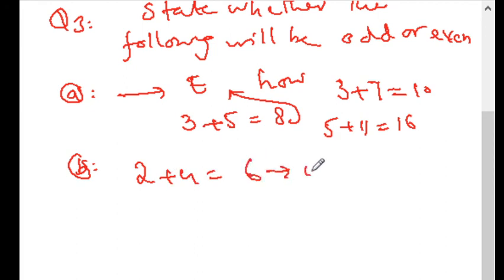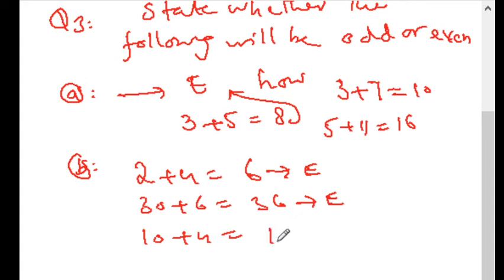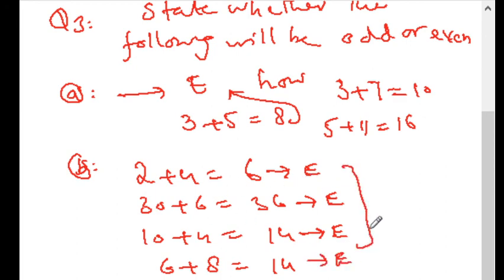The result is 6, which is even. 30 plus 6, both are even, so the result is 36, which is even. 10 plus 4, both are even, result is 14, which is even. 6 plus 8, both are even, result is 14, even again. So the sum of two even numbers is even.